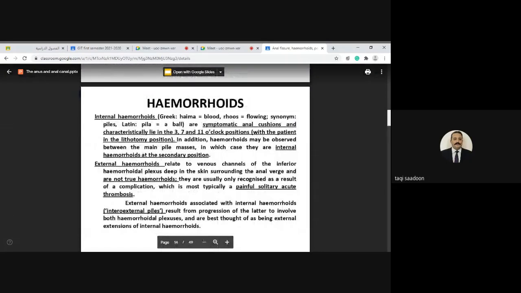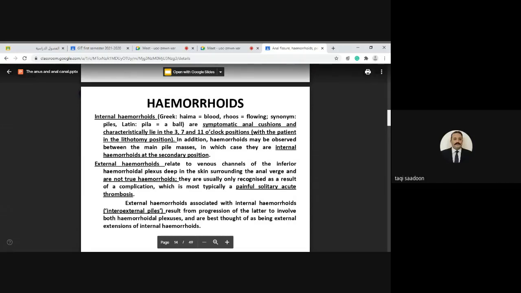Hemorrhoids: from its name, heme means blood, roid means flowing. So it is a symptomatic anal cushion, characteristically at 3, 7 and 11 o'clock. Now we know what 3, 7 and 11 o'clock means.